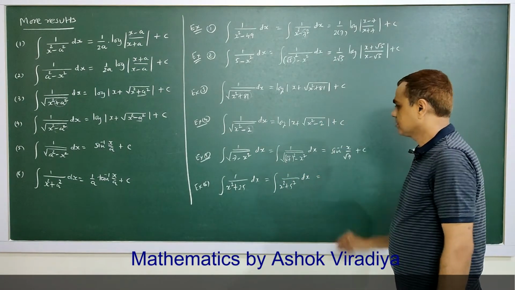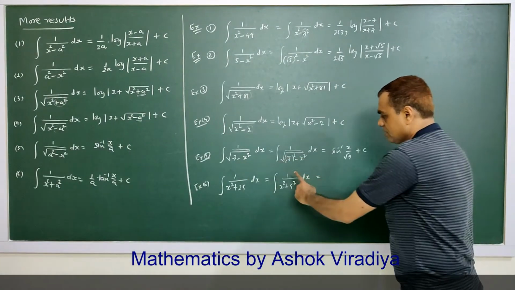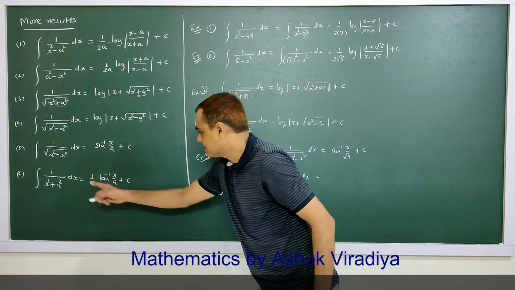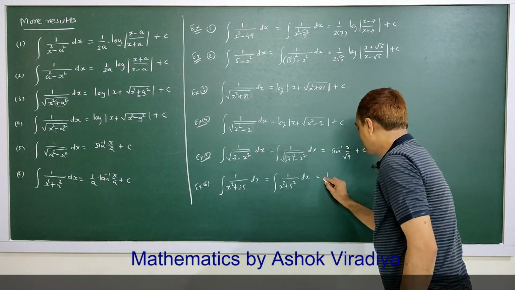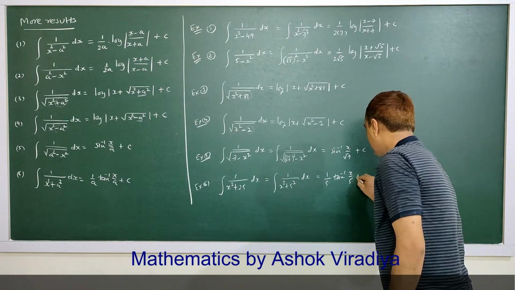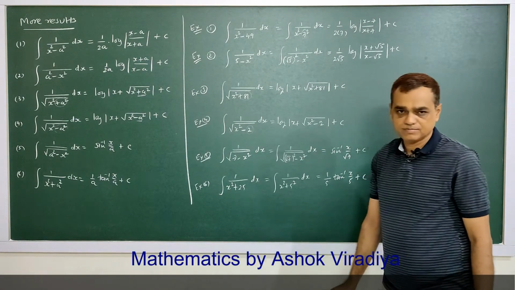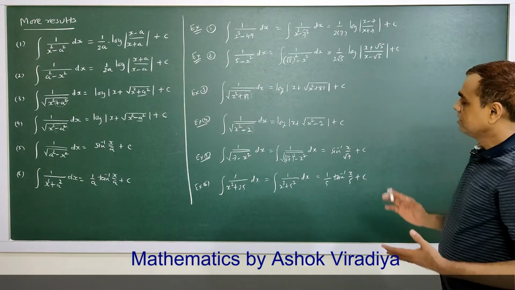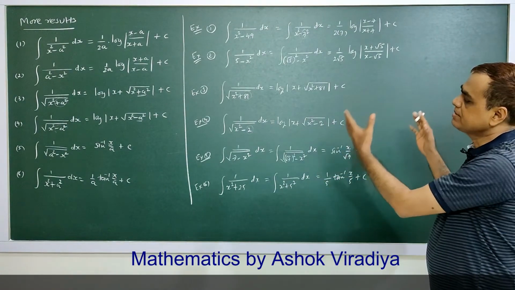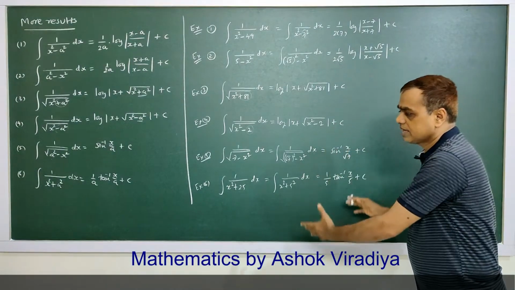Now by this formula, 1 upon x square plus a square, it is 1 upon a tan inverse x upon a plus c. So on these 6 results, these are simple applications.